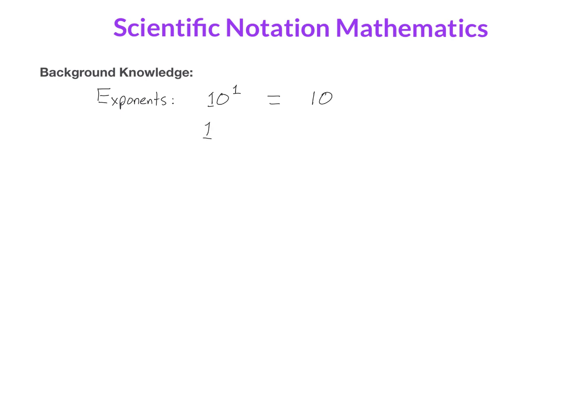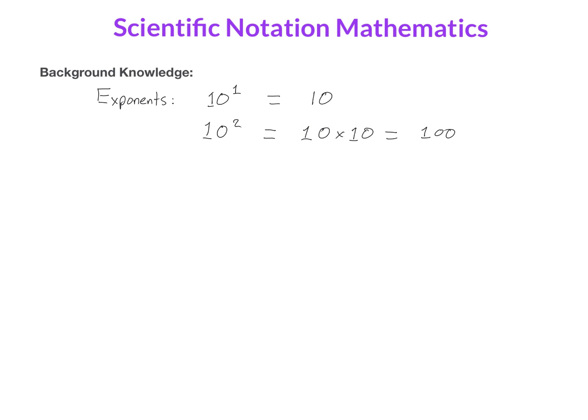If I have base 10 and I raise it to the second power, I'm simply saying I have 10 times 10. And what is 10 times 10? We know that's equal to 100. Maybe I'm refreshing your memory now.